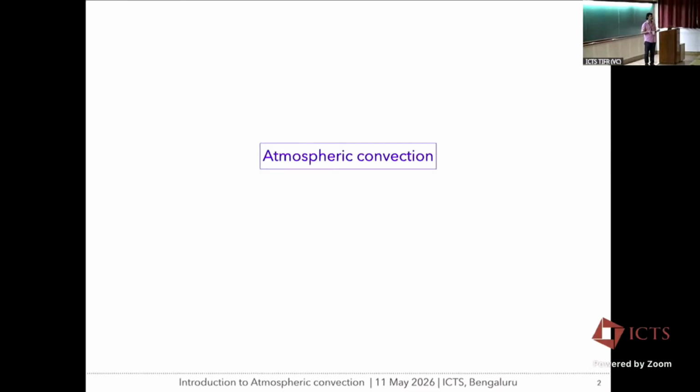Typically, when one would introduce atmospheric convection, people would start with fascinating images of convection. So I thought I'll do it a little bit differently, in line with what Professor Gopakumar said, that ICTS is also a place for bringing out your creative sides.